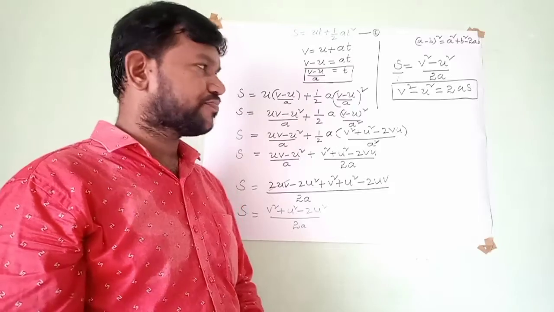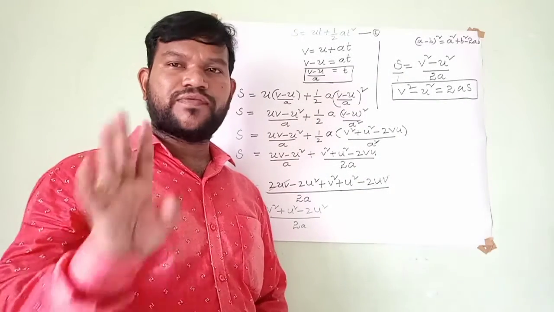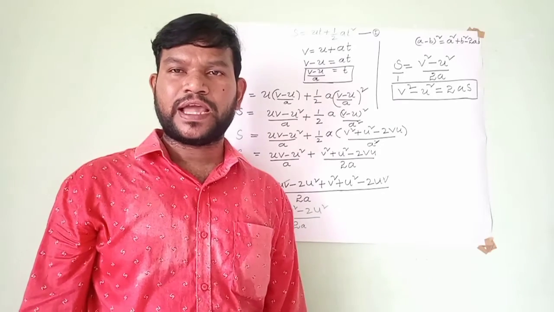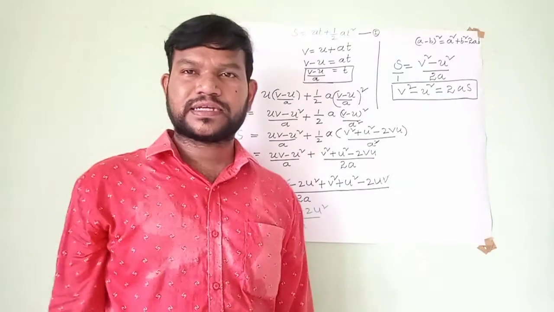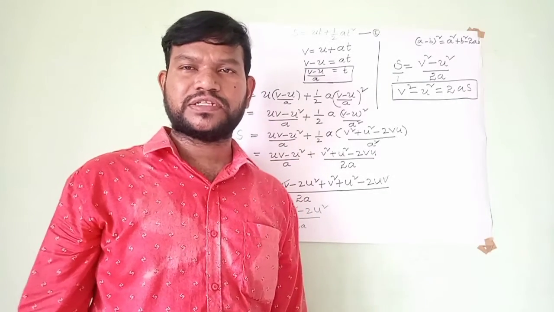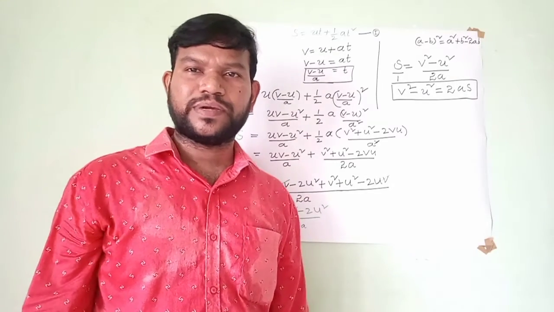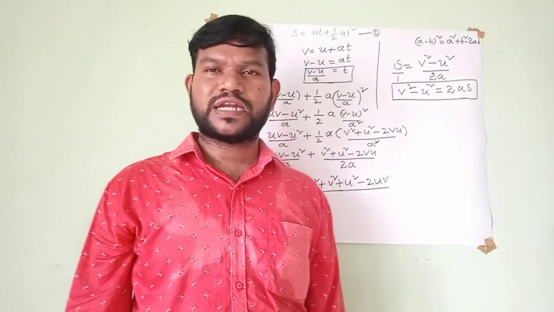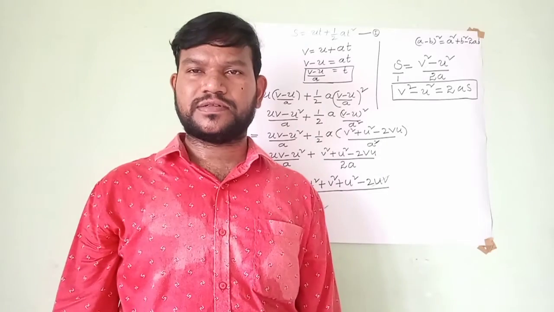Students, remember, you can derive the third kinematic equation only if you remember two things: the second kinematic equation formula and the first kinematic equation formula. So first we have to write: let us consider a body has a uniform acceleration a meter by second square, initial velocity u meter by second, final velocity v meter by second, distance traveled by the body is s meters, and time taken t seconds.